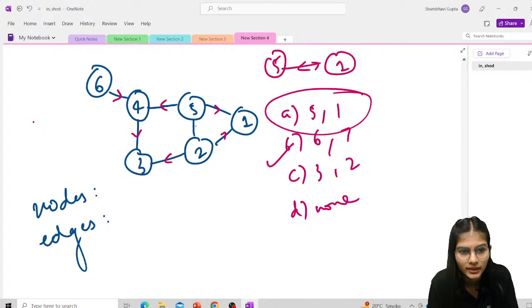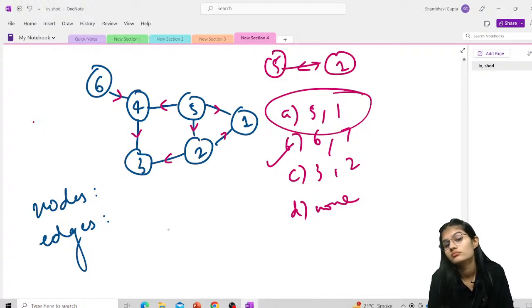Okay, I missed one. So, two edges and 4 nodes. Mikesh, 6 nodes and 7 edges.